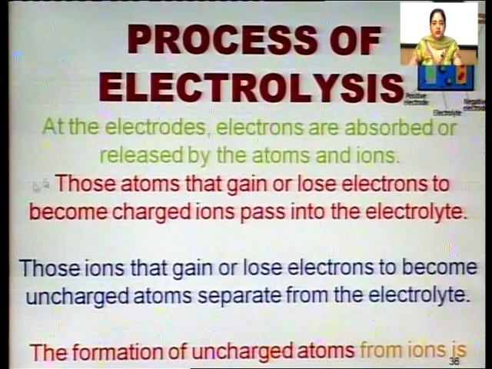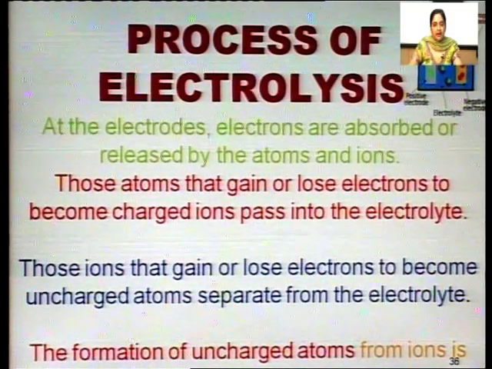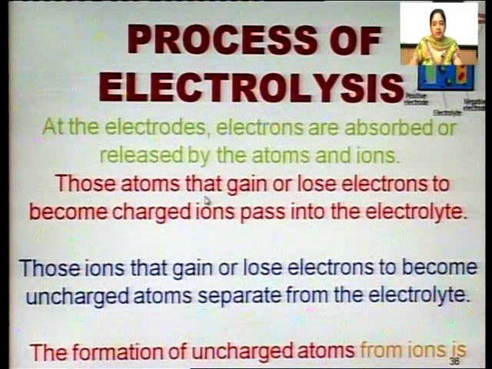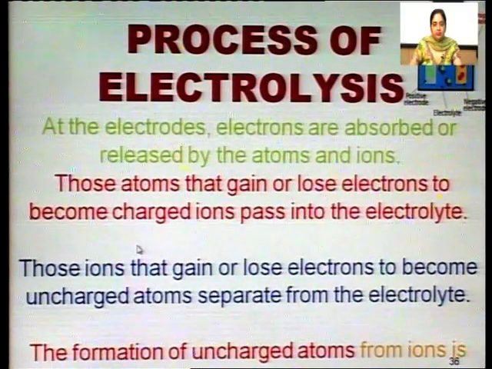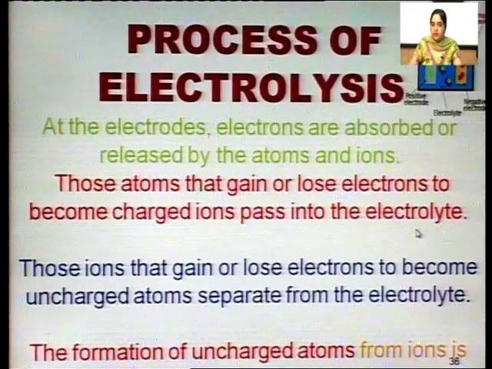At the electrode, electrons are absorbed or released by atoms and ions. Those atoms that gain or lose electrons to become charged ions pass into the electrolyte.